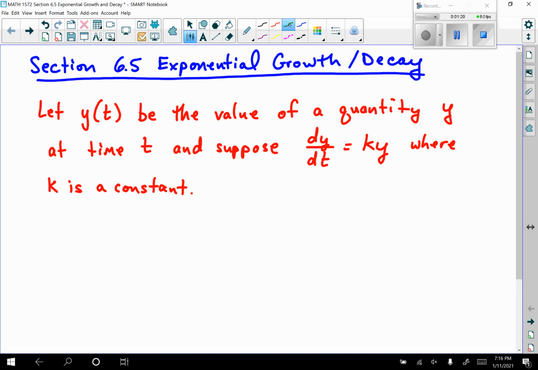This rate is growth if k is greater than 0. And this is decay if k is less than 0.